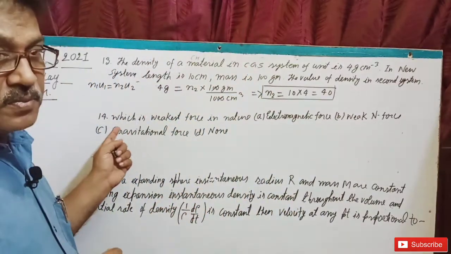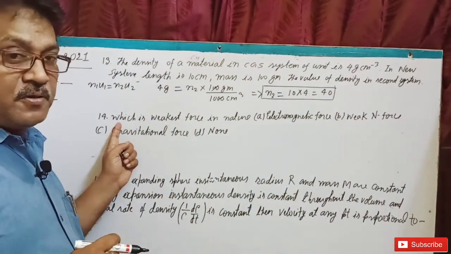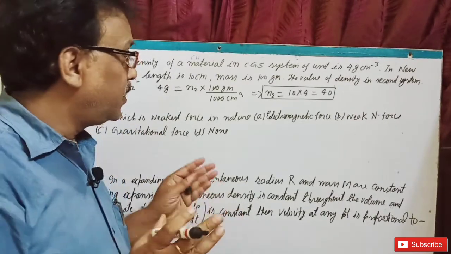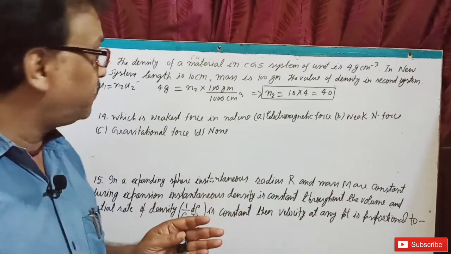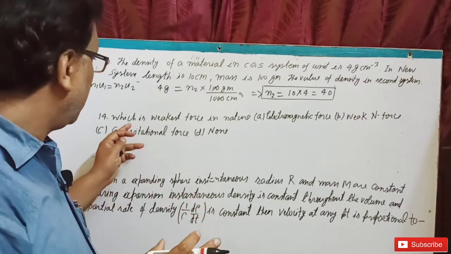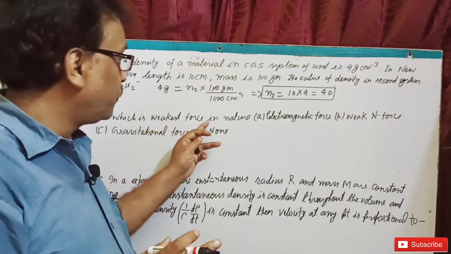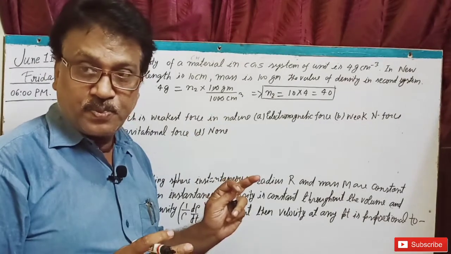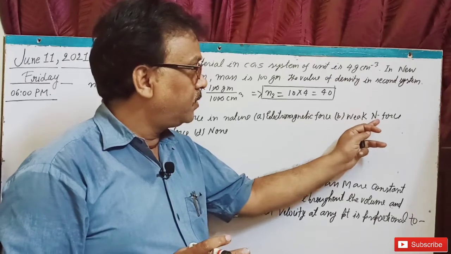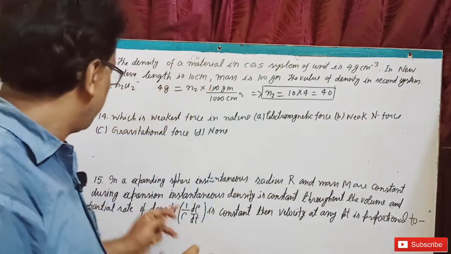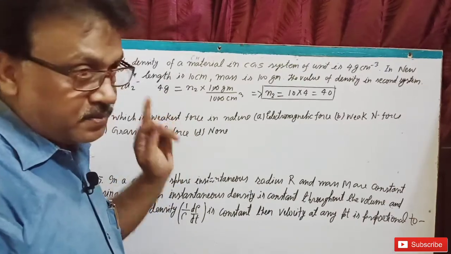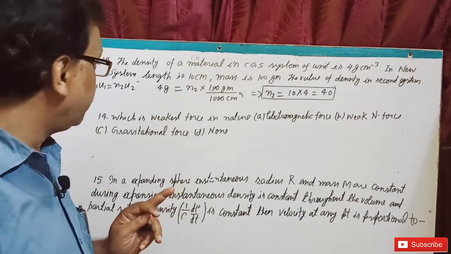In the next problem, this problem is based on the fundamental laws of physics. And this question is very important for you: which is the weakest force in nature? A, electromagnetic force, B, weak nuclear forces, C, gravitational force, and D, none. These are the four options.